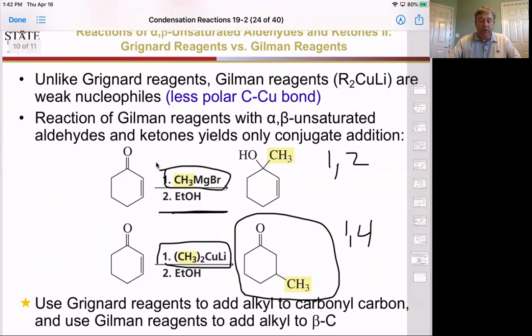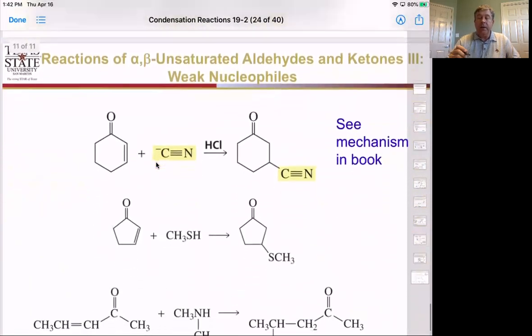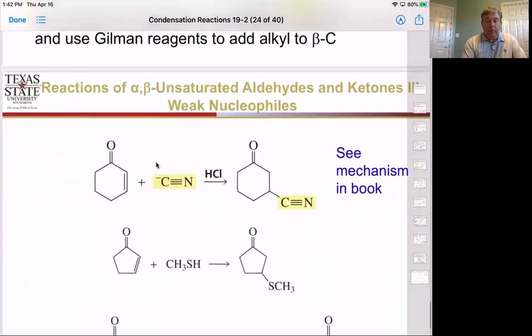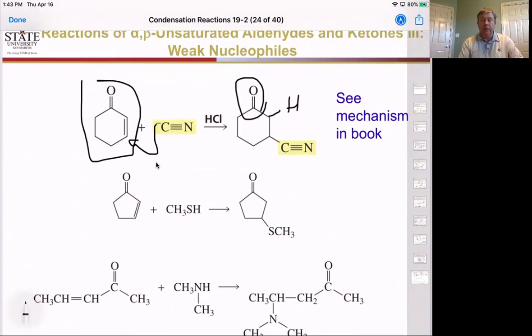What else can we do with these nucleophiles here? Again, the weaker the nucleophile, the more likely we are to form the 1,4 addition product. So in this simple one where we have this alpha, beta unsaturated ketone here, we can actually have the cyanide come in at the 4 position, kicking out our carbonyl, giving us our carbonyl here. So it's going to give us our enol form right here, which will then rearrange to our keto form after addition of acid.